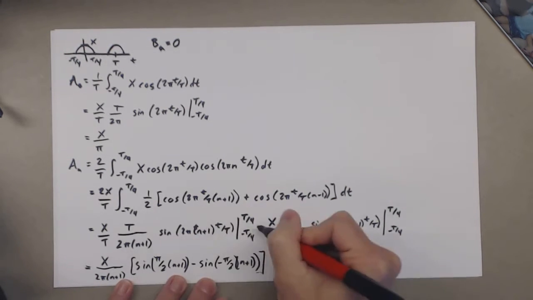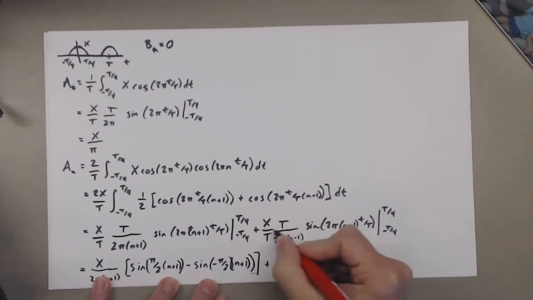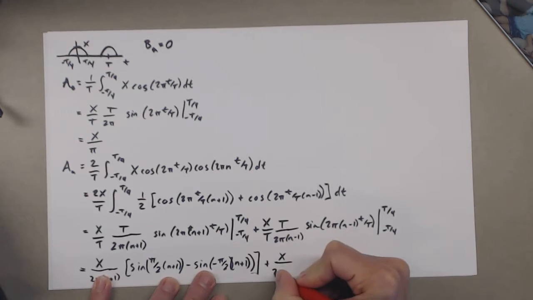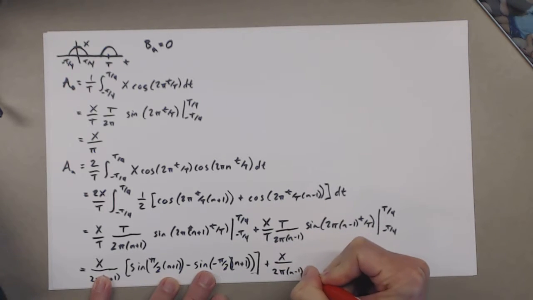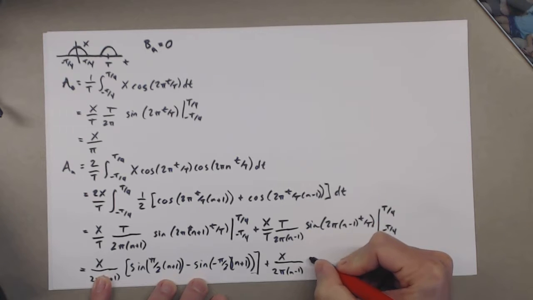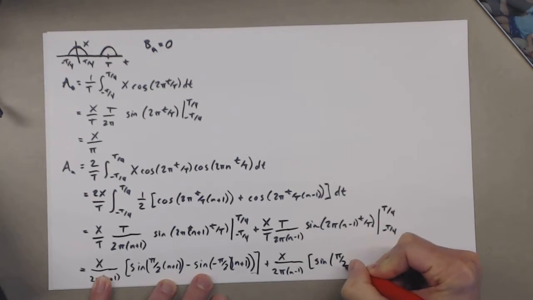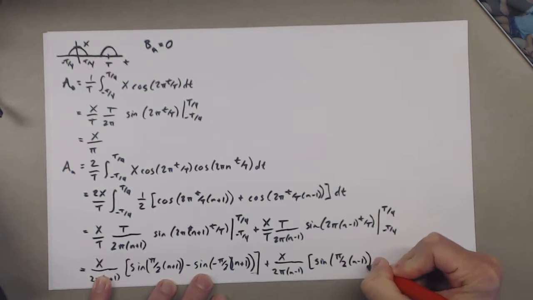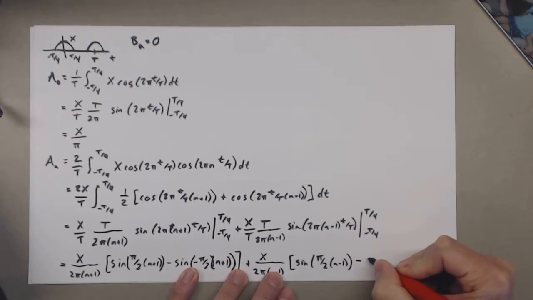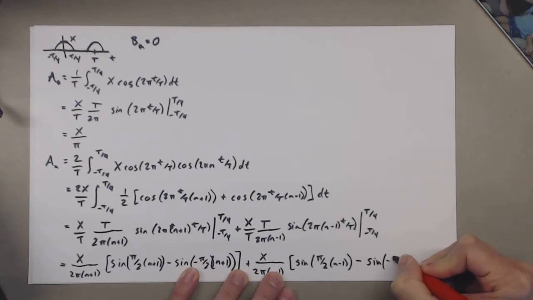So that's for that first term, plus now the second piece, x over 2 pi and n minus 1 times sine pi over 2 n minus 1 minus sine minus pi over 2 n minus 1.